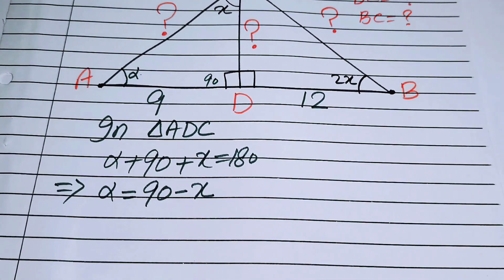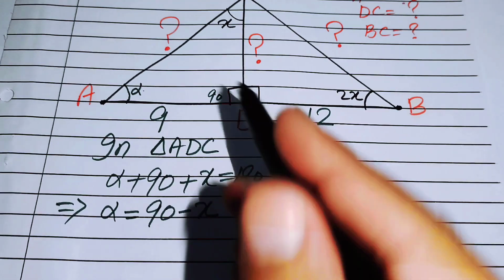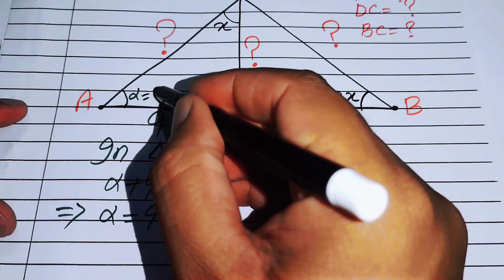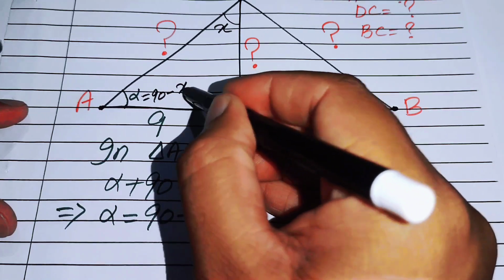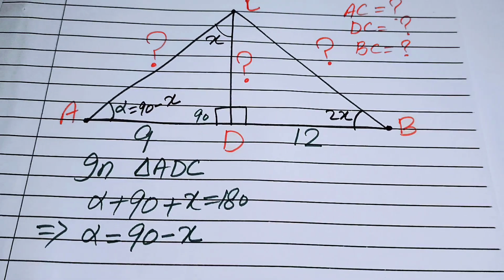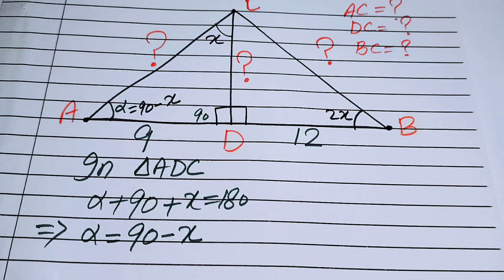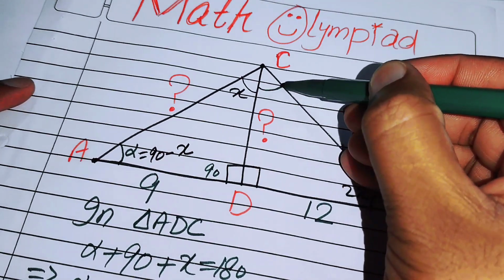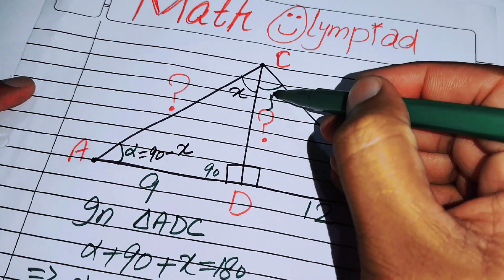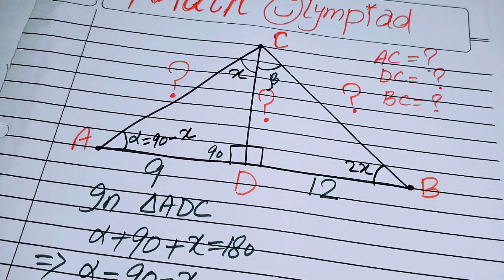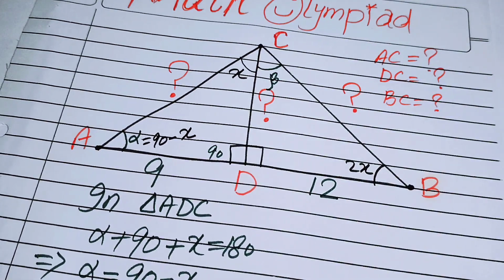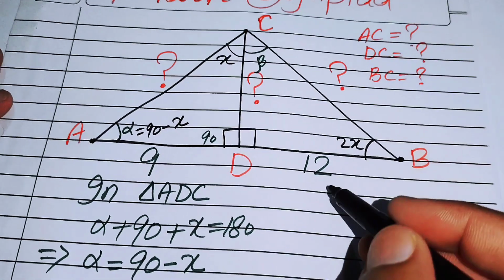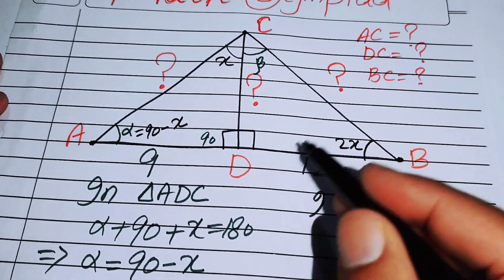So the value of this angle alpha is 90 minus x, and similarly we will find the value of this other angle, which I can name beta. Now you can focus on the right triangle BDC.